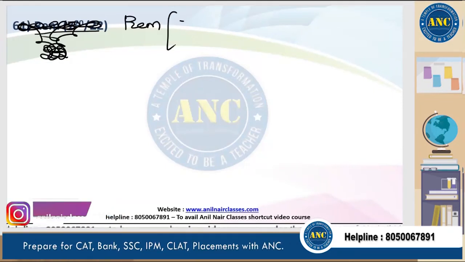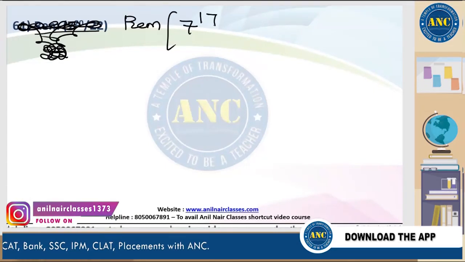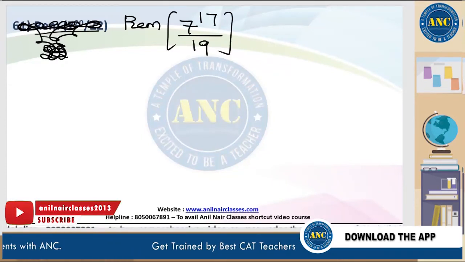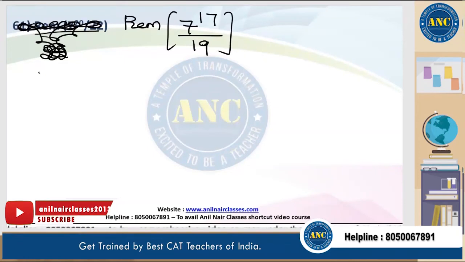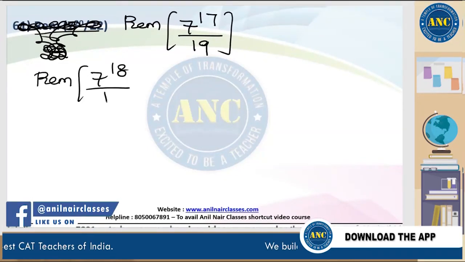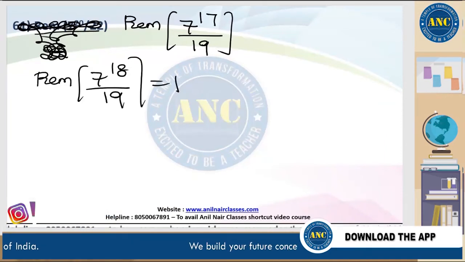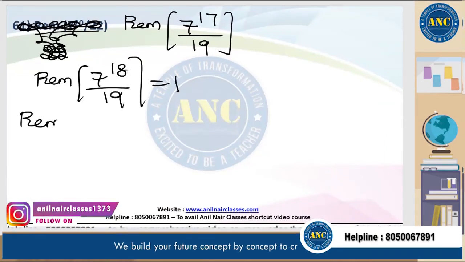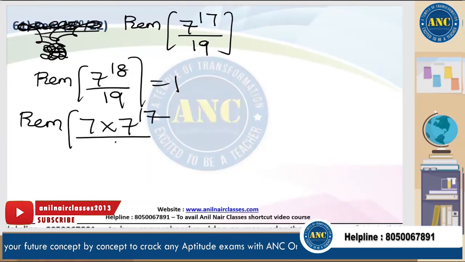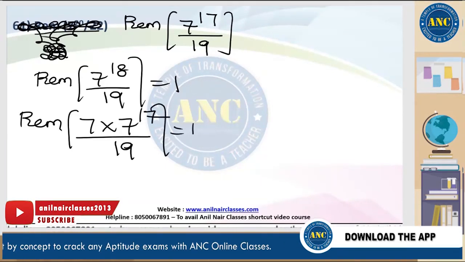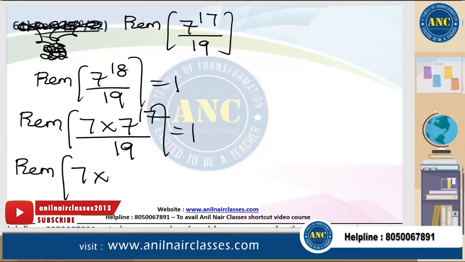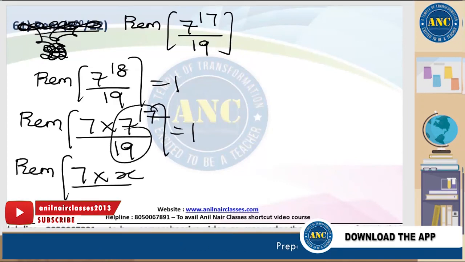So you change it to 7 power 17 divided by 19. 19 means power should be how much? 18. 7 power 18 divided by 19 is 1. So 7 into 7 power 17 divided by 19 is 1. 7 divided by 19 is 7. This is nothing but x.